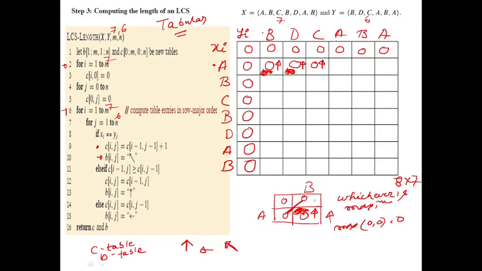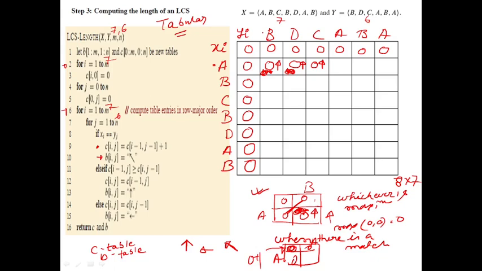A and A matching. Now when there is a match, these two options you understood. When there is a match, the situation is something like this. Let's say this is A, this is A, this is 0, 0, 0. Whenever there is a match, we will just add 1 to this cell. Whatever value will be here, plus 1.